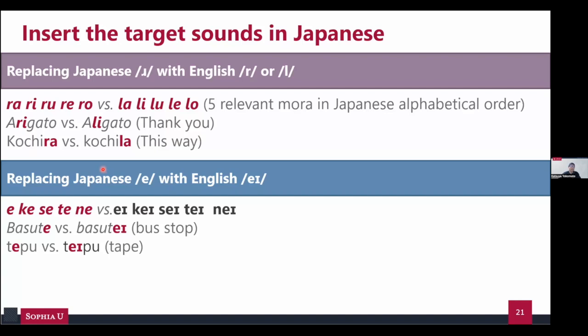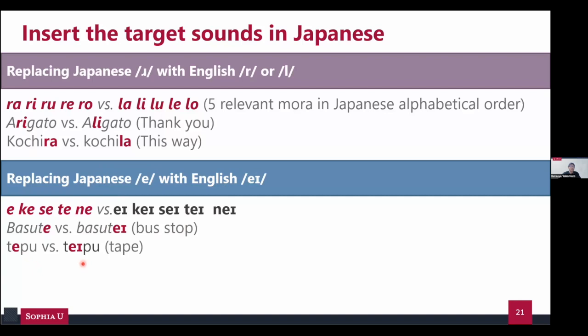It's a very important distinction between the Japanese long a and a different kind of a sound. For example, basu-tei versus baste, a bus stop in Japanese, or tape or tape.